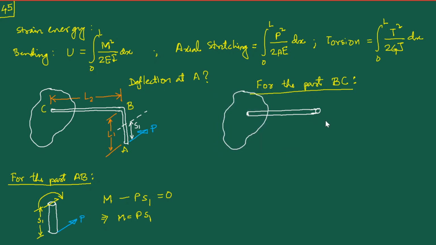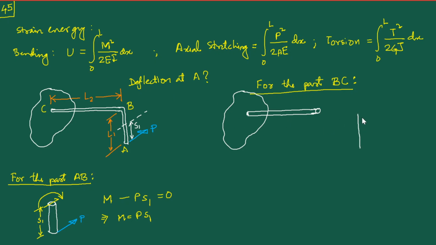Okay, so basically I've removed the part AB, and now I have to pay a penalty for artificially removing that part AB by having to incorporate the influence of the force P. Now, what is the influence of the force P? That is the big question. First of all, you note that since I'm removing the part AB, what happens to the part AB itself?